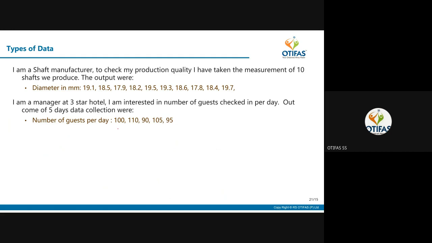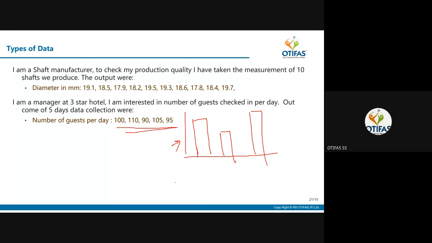If you want to show this data, you can say something like 100 people in one webinar, 50 people in another webinar. With a bar graph, you can graphically represent this. But here, can you represent it with a bar graph?